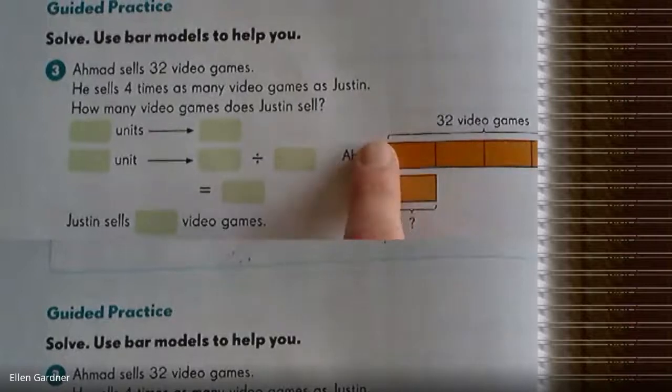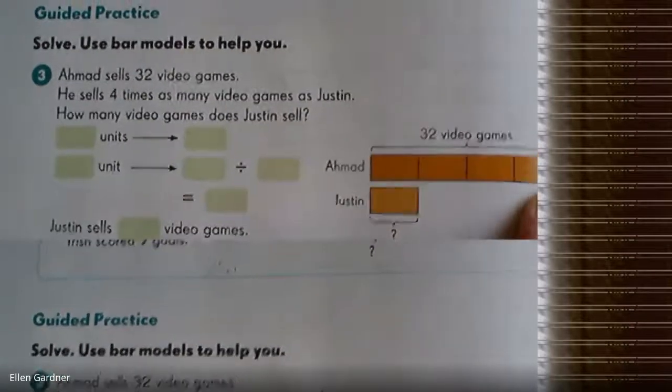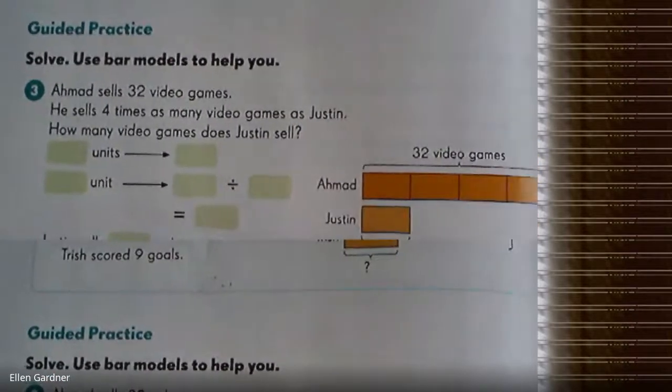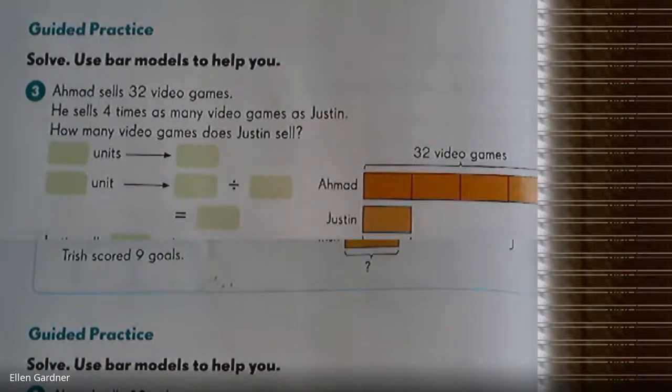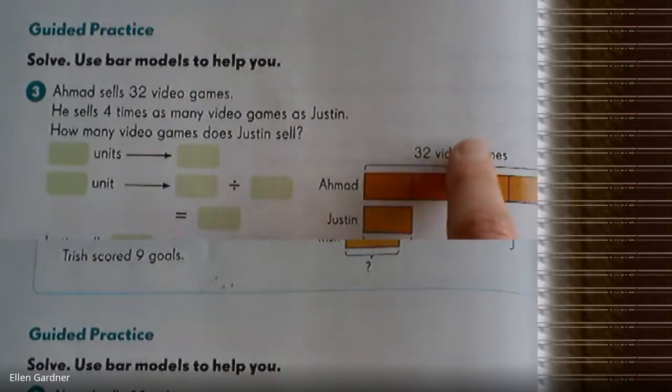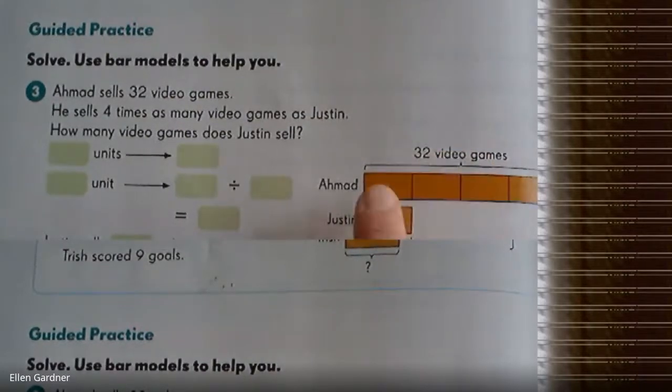So Ahmed has 32 video games that he sold. Justin has just 1 unit. We know that Ahmed sold 4 times as much as Justin. So we're going to divide 32 by 4.